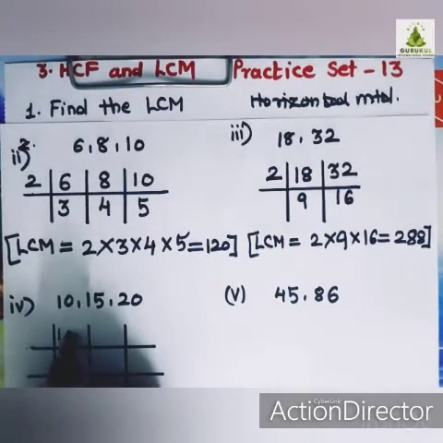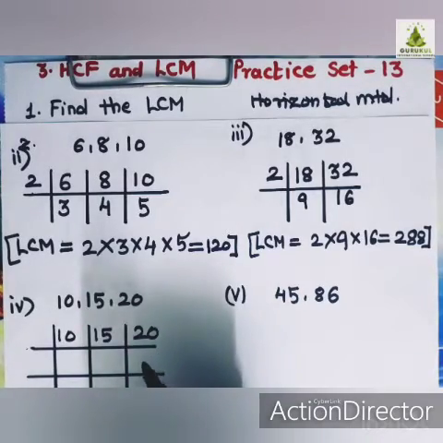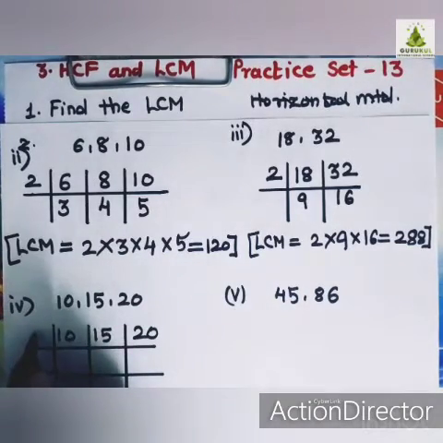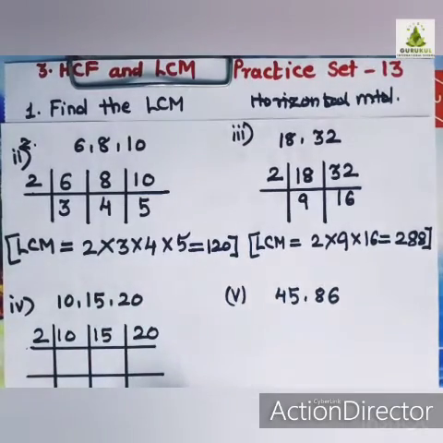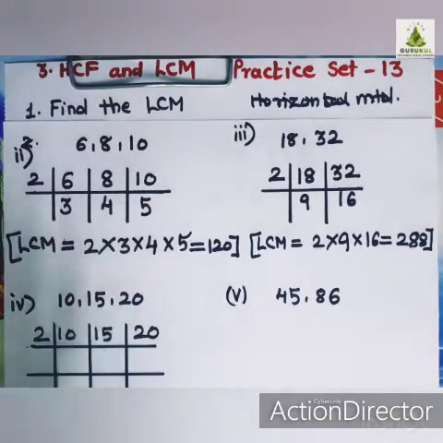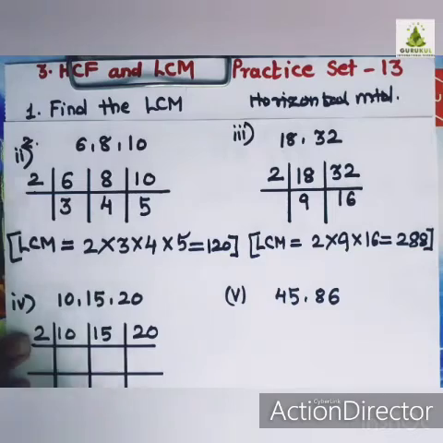10, 15 and 20. First of all, start with the number 2. Now some of you might ask, teacher, can we start directly by 3, directly by 5? Don't do it that way. Always you should start with the prime number from the smaller one.